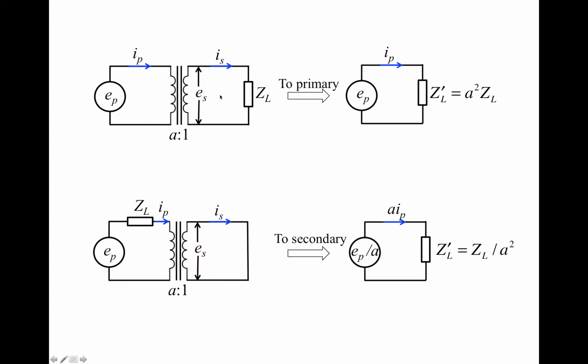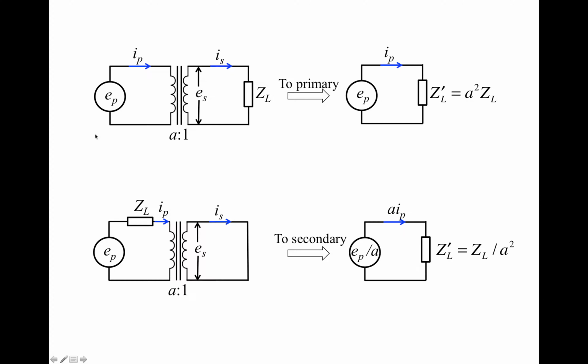If we would like to map the secondary side load, ZL, to the primary side, we can use the apparent impedance expression we just obtained. So how do we simplify this circuit? We can replace the transformer and the secondary side load with the apparent load ZL prime, which equals the actual impedance ZL times the turns ratio squared.